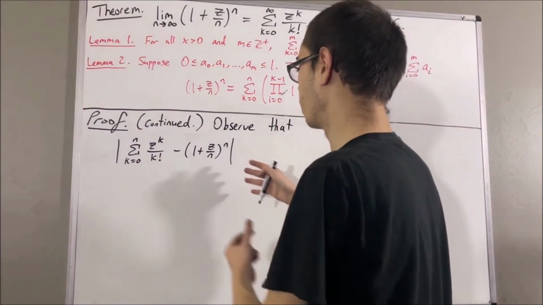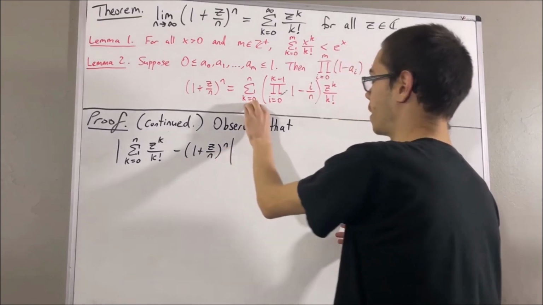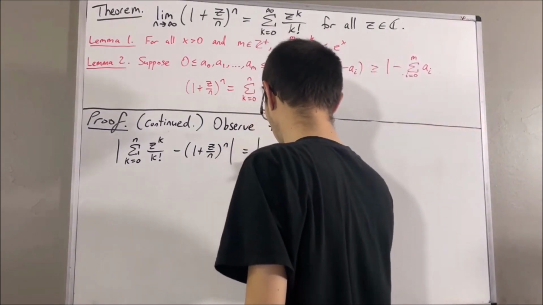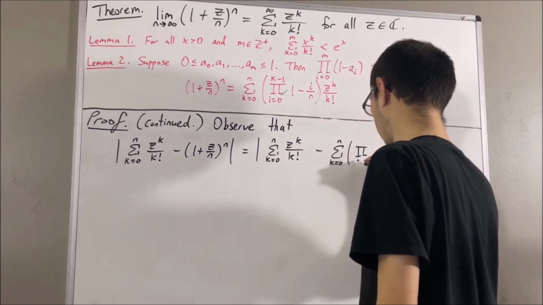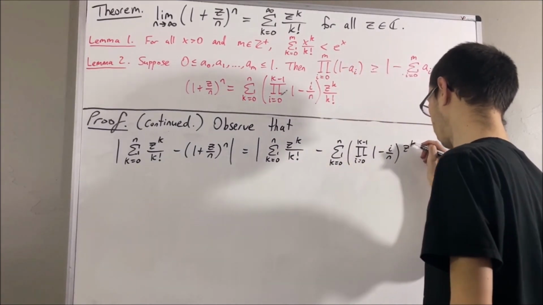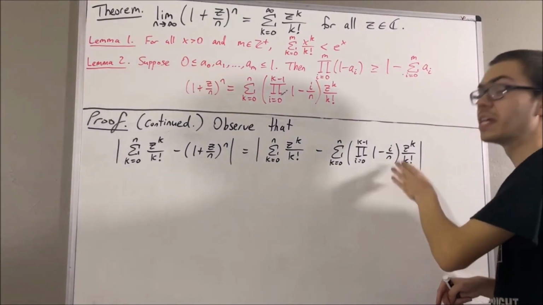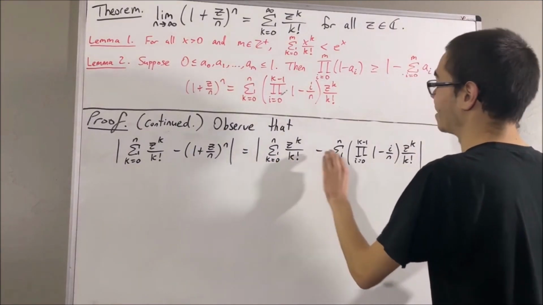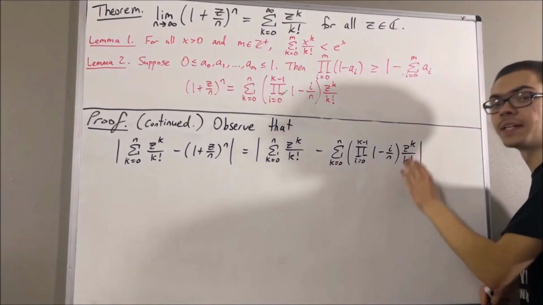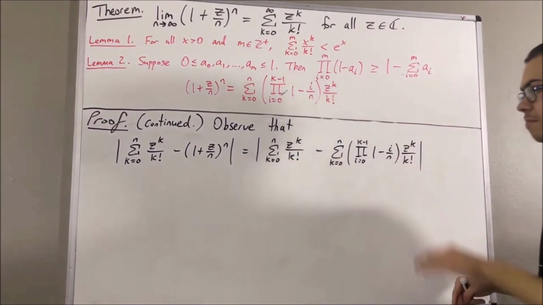And to show this, let's first re-express 1 plus z over n to the power of n as this. Now, we can combine these two sums into a single sum. Really, the sum of these minus the sum of these is equal to the sum of these minus these.